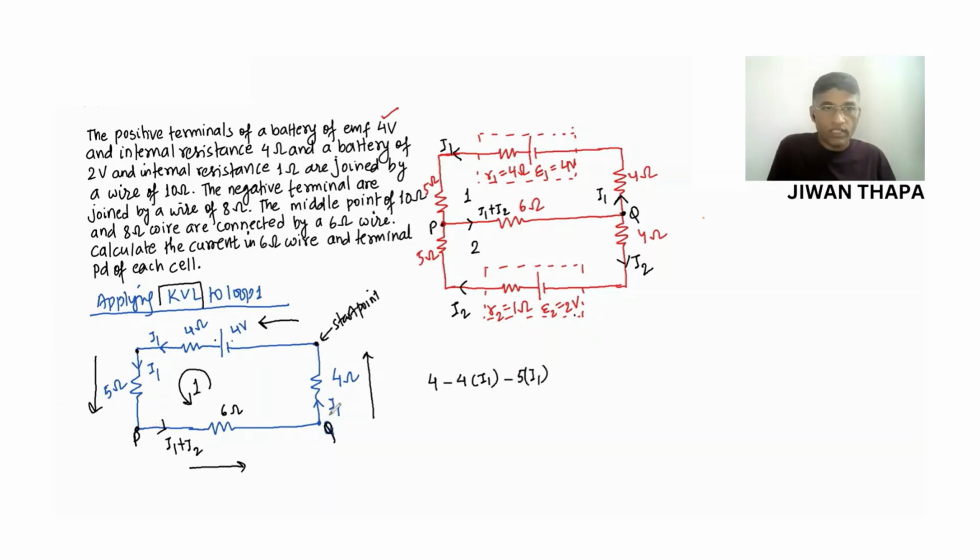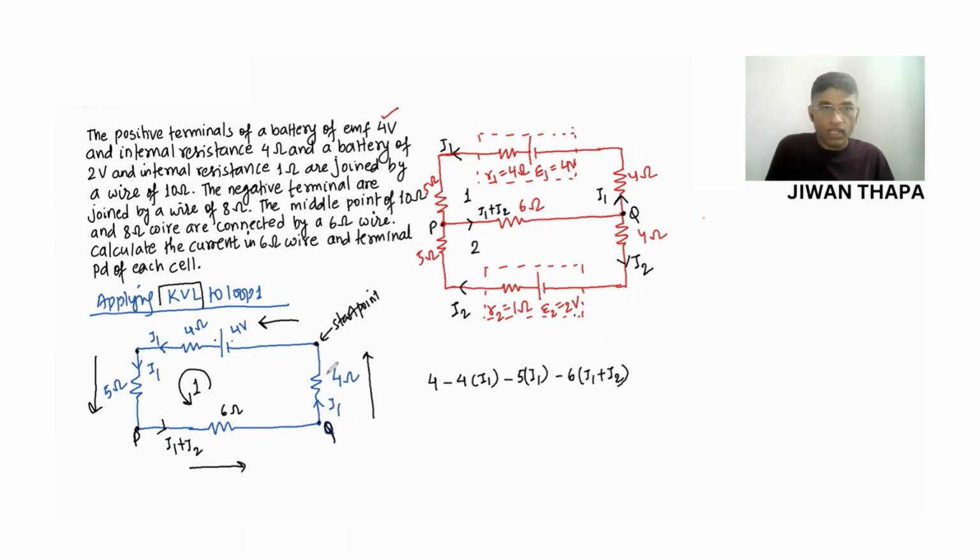And for this branch PQ, we are moving from P to Q. Current I1 plus I2 is moving from P to Q. So if we find the product 6 times I1 plus I2, then this is taken as negative.